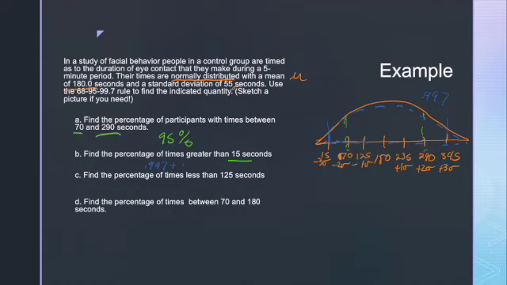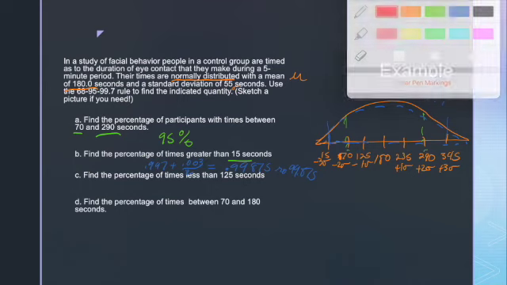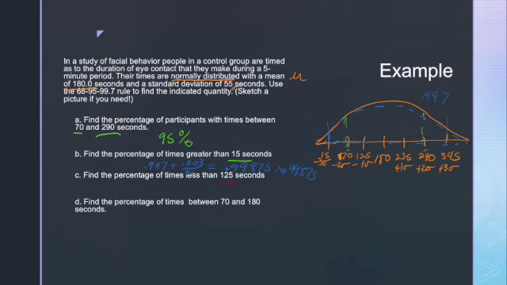So I'm going to take 0.997 plus 0.003 divided by 2, and that's going to leave me with 0.99875. So I have 99.875% of data.